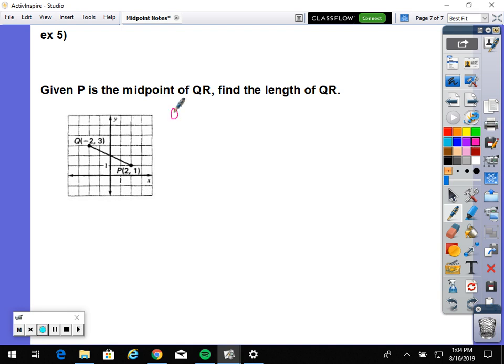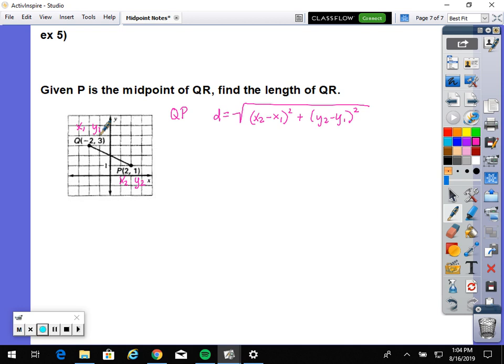So this is for QP. And just a reminder, distance formula is the square root of x2 minus x1 squared plus y2 minus y1 squared. And I'm just going to plug in my numbers. So I'm going to call this x2 and this is going to be y2, and I'm going to call this x1 and y1.